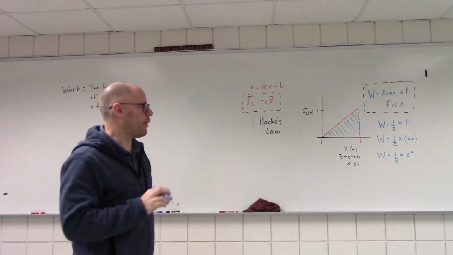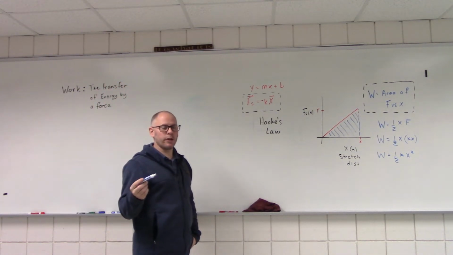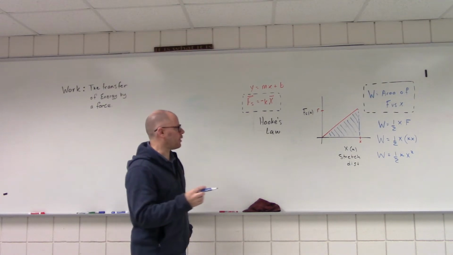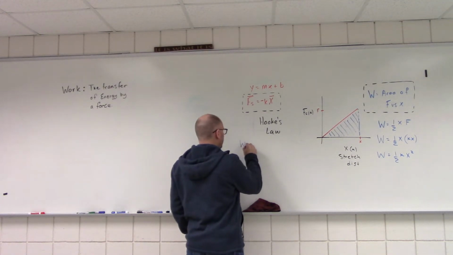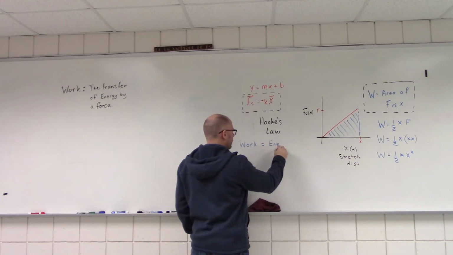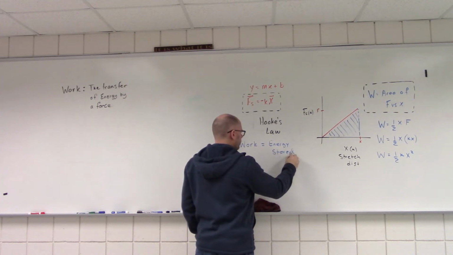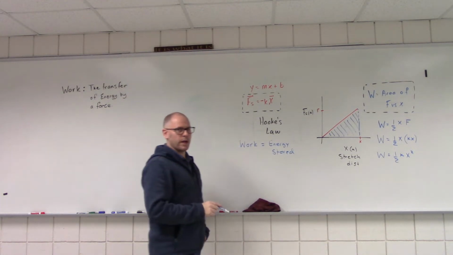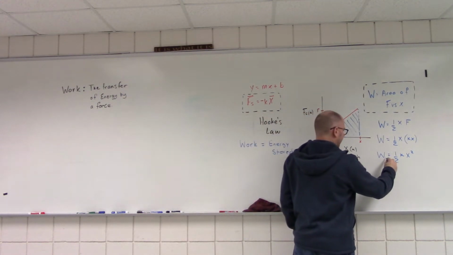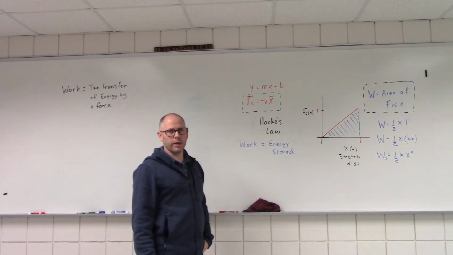So 1/2 kx squared. Now what's nice about this is that the work you do is equal to the energy stored. So this is the work done on the spring, and it's also equal to the energy stored in the spring.